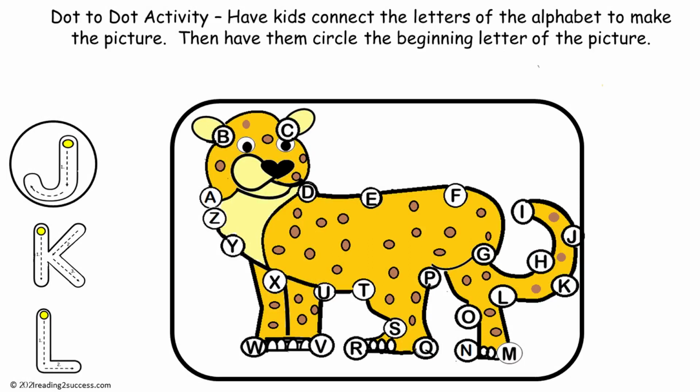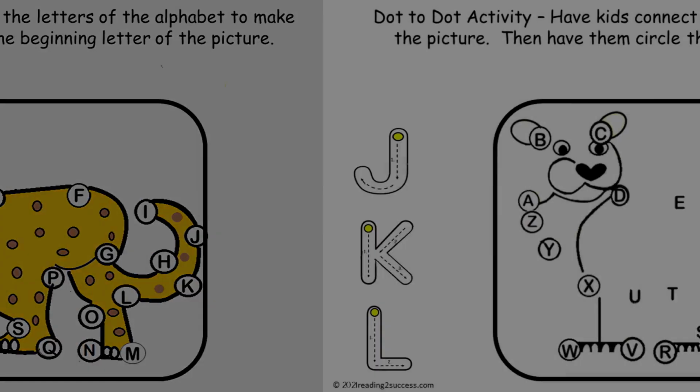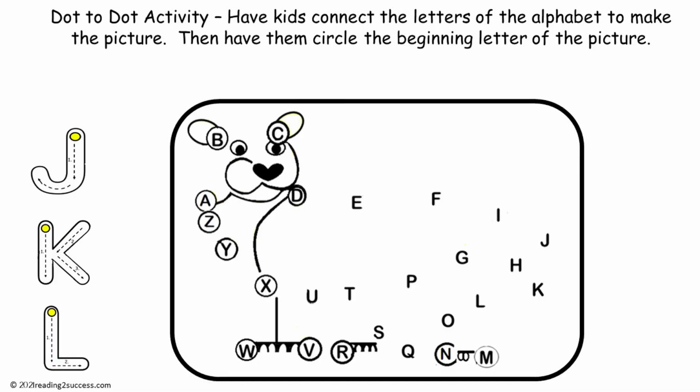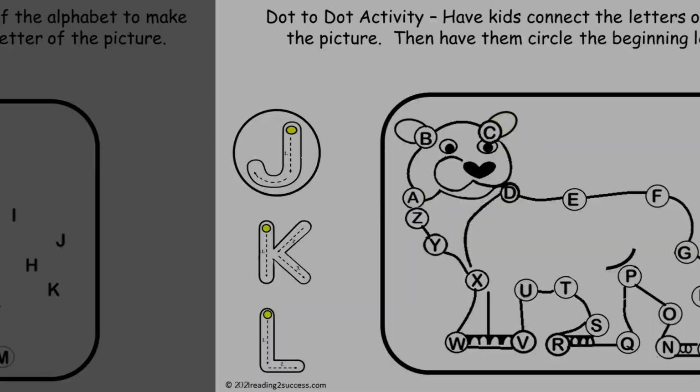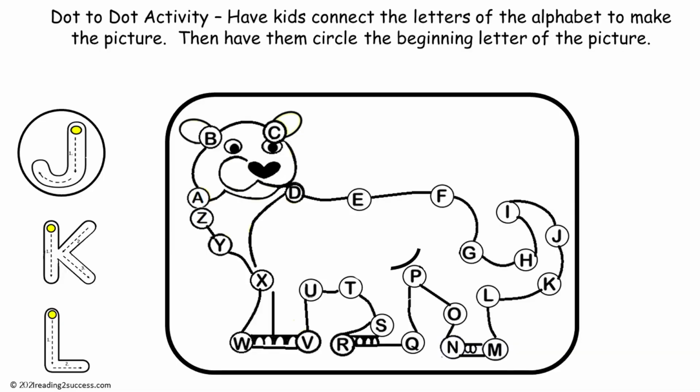Now have kids complete the dot-to-dot activity. Have kids connect the letters of the alphabet to make the picture. Then have them circle the beginning letter of the picture. This is the practice page for the dot-to-dot activity. This is a completed example of connecting the dots and circling the letter that the picture begins with.